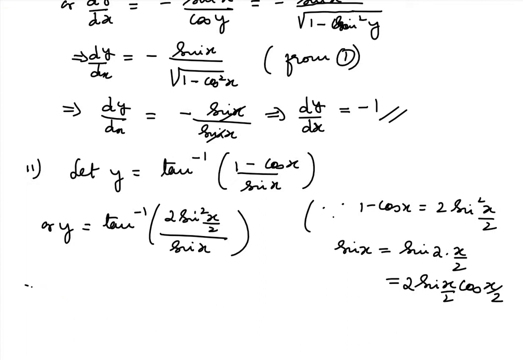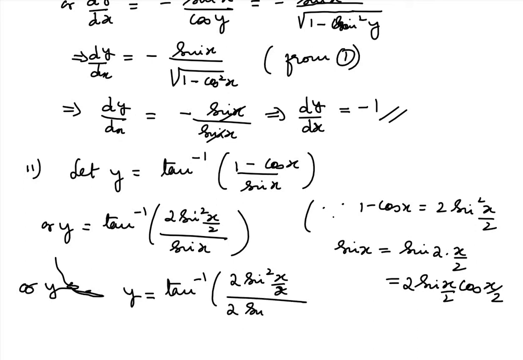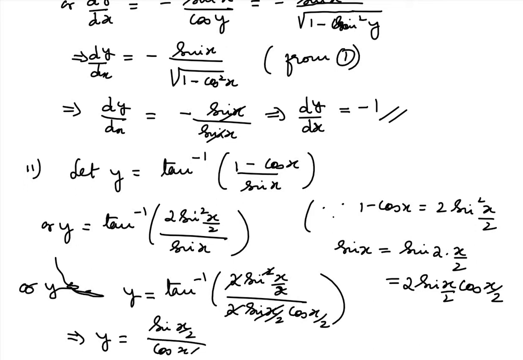Then in that case, y is equal to tan inverse of 2 sin square x by 2 will remain as it is, and the denominator you replace it by 2 sin x by 2 cos x by 2. Now 2 and 2 can be cancelled, and one sin x by 2 also can be cancelled. So this will imply that y is equal to sin x by 2 divided by cos x by 2.